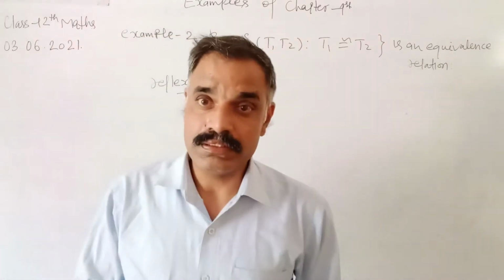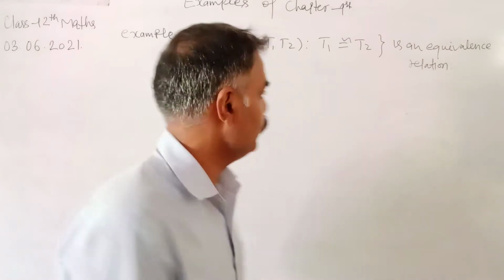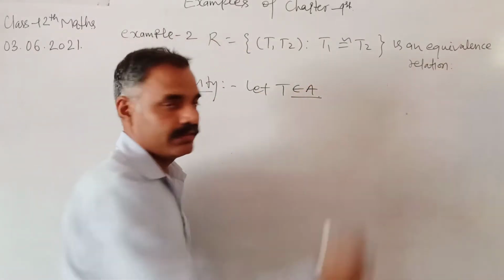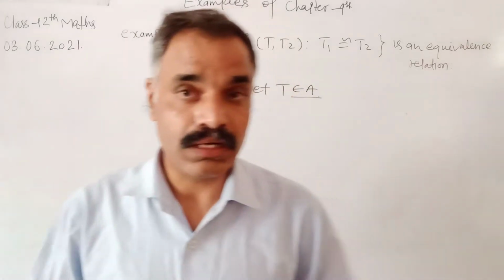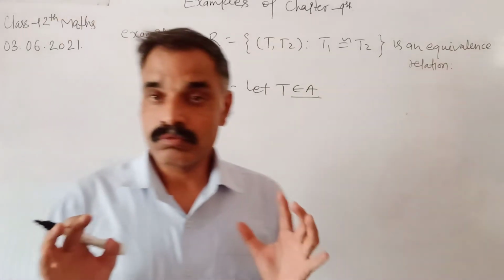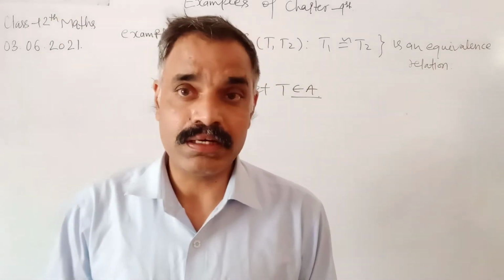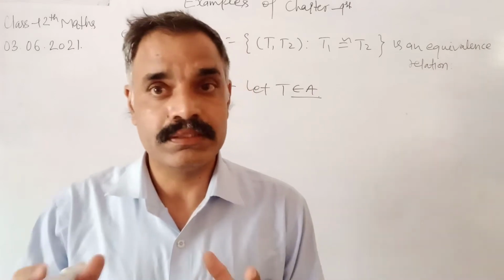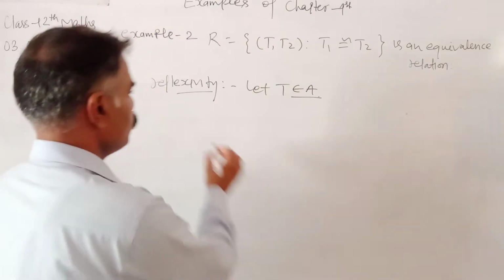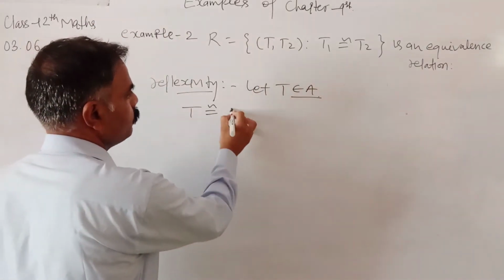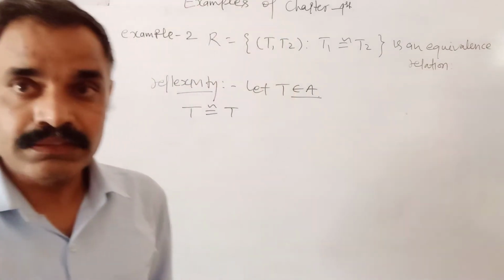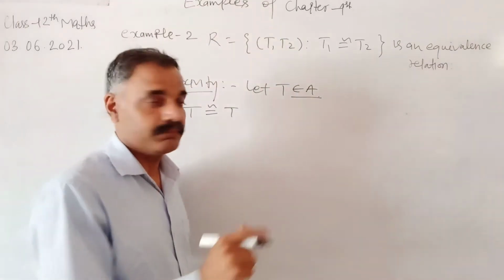Let T belong to the given set A, the set of all triangles in the plane. Now we know very well that every triangle is congruent to itself, so T is congruent to T. It means T is related to T as per the given relation.